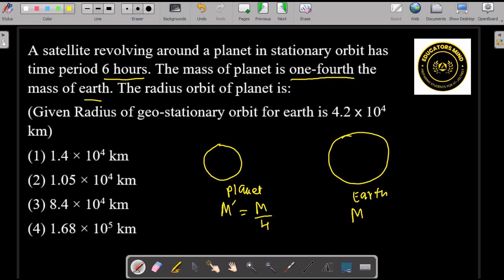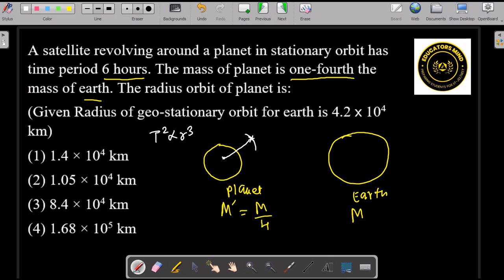Satellite revolving around a stationary orbit. Stationary orbit means what? Stationary orbit means the time period of this satellite is same as the time period of revolution of this planet, right? So we know time period square is proportional to r cube, right?